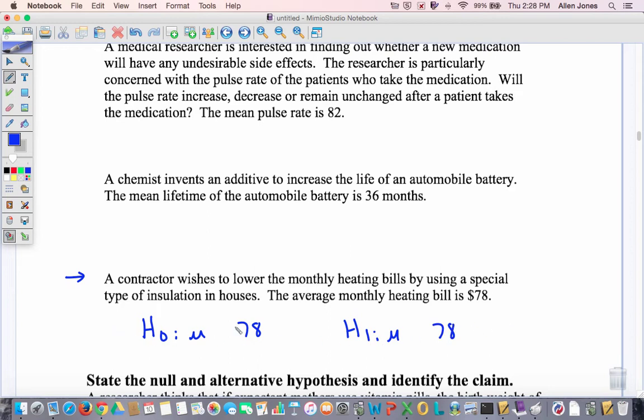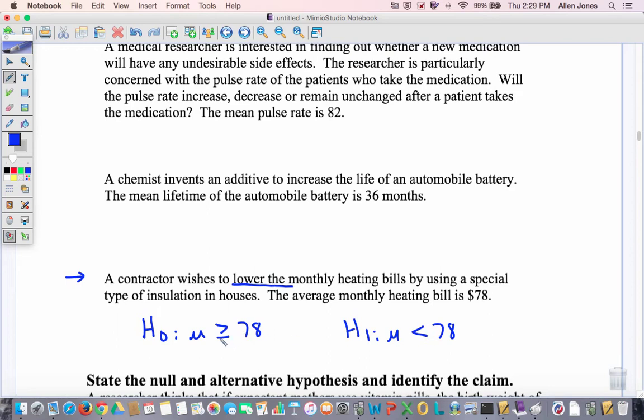As a quick reminder, our null always contains the equal to sign, but typically we'll write our alternative hypothesis first. So I read back through here, our contractor is trying to lower the monthly heating bills, which means he wants those heating bills to be less than $78. Now, if that's my alternative, if I go over to my null, the opposite of less than is greater than or equal to, and notice my equal to sign is here, so we've written our 2 hypotheses.